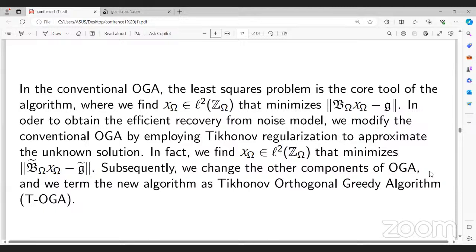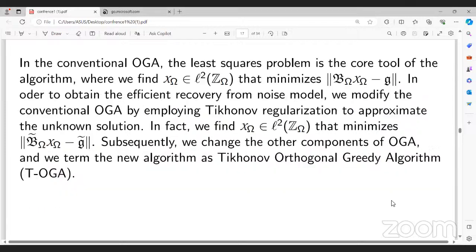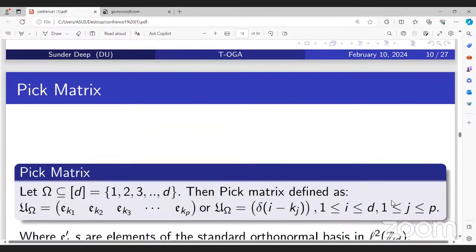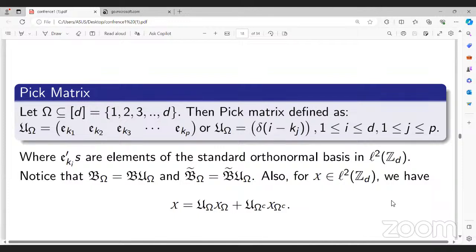In fact, we find x omega in L2(Z^omega) that minimizes the norm of B tilde omega x omega minus g tilde. Basically, we replace B omega by B omega tilde and g by g tilde. Subsequently, we change the other components of the orthogonal gradient algorithm, and we term the new algorithm the Tikhonov orthogonal gradient algorithm.